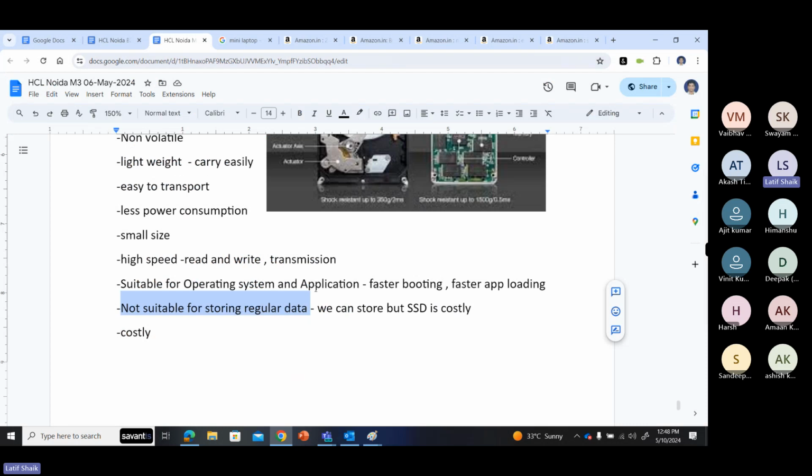The cost is very high. Of course for operating system and applications, SSDs are good, but to store regular data like your music files and video files, it is costly. Even if you are doing video editing, those multimedia people, gaming people, for them SSDs are okay.